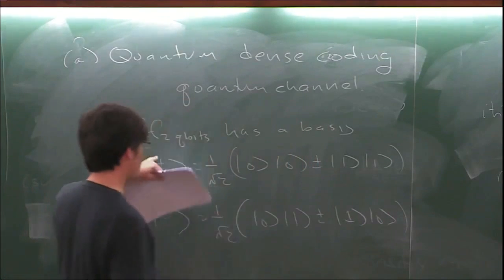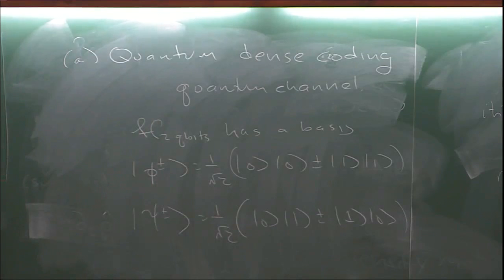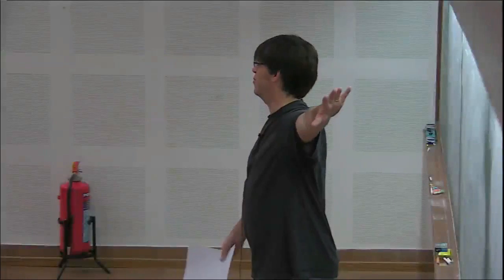These are 4 total states. You can show very quickly that they're orthonormal. The space of 2 qubits is the tensor product of 2 two-dimensional Hilbert spaces, so it's a 4-dimensional Hilbert space, so the counting works out all nice.